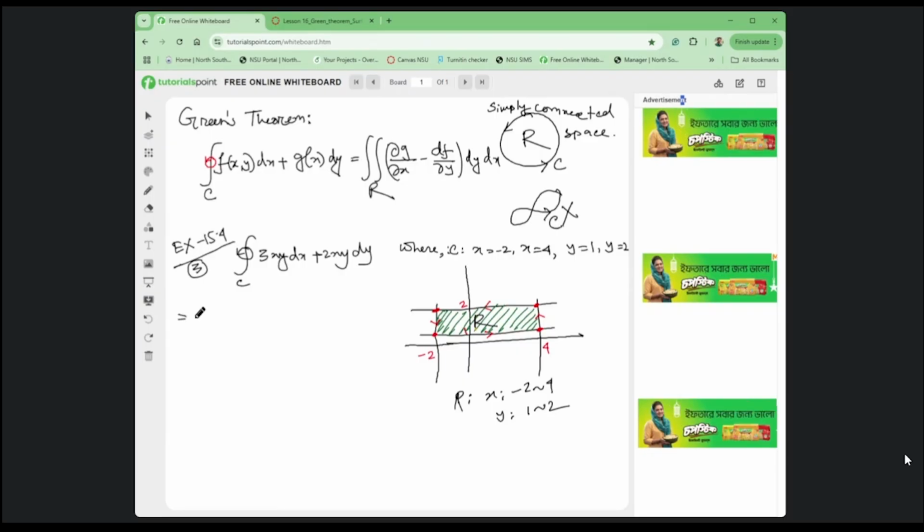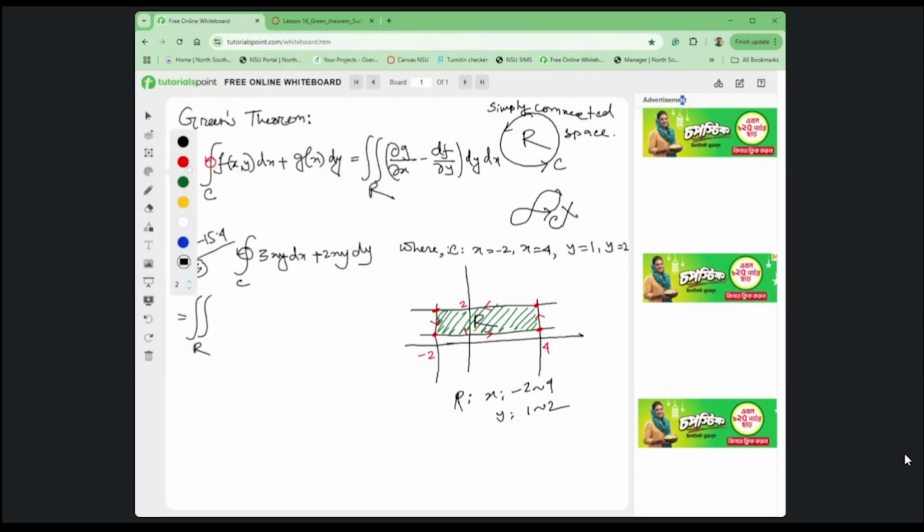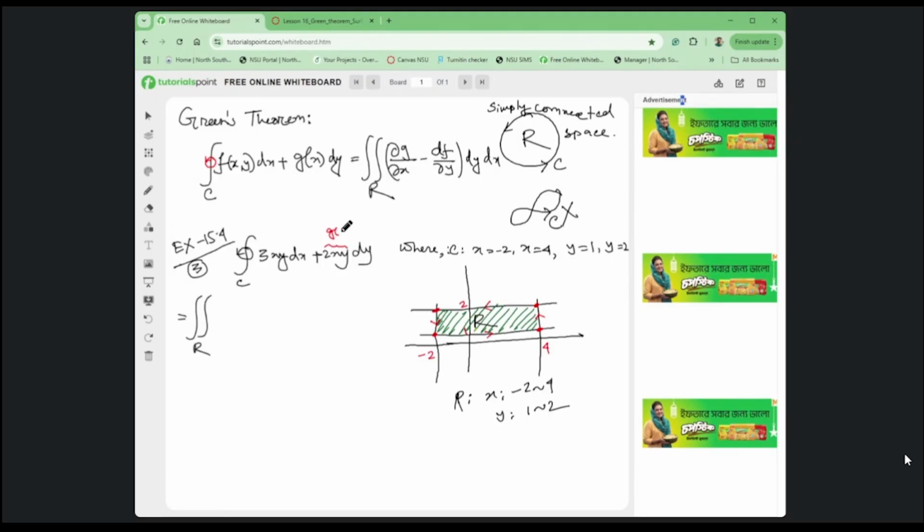Therefore, according to the Green's theorem, you can write it by this form. Here you see this is g, sorry, not g, I made a simple mistake here. The g is a function of xy.